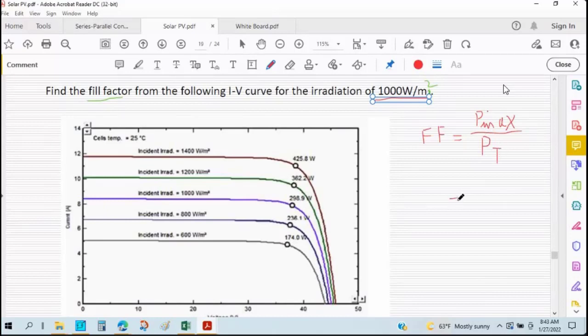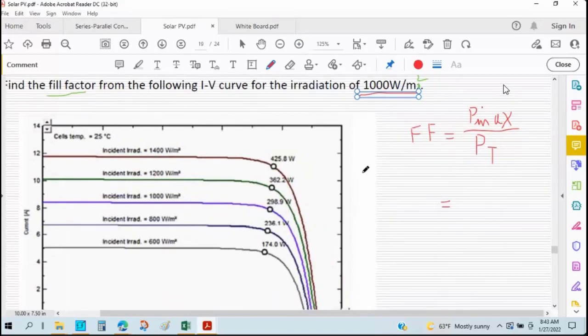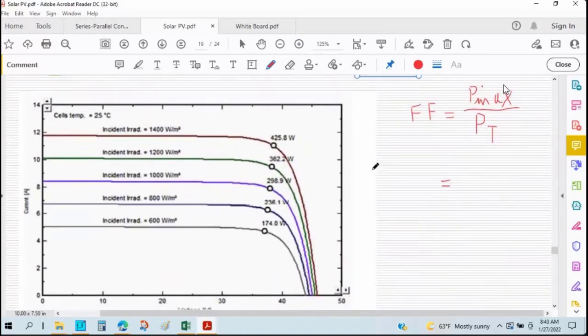So can we calculate the fill factor from these curves for a particular irradiation of 1000 watt per meter square? I have explained the definition in the last class, and you can see the formula here.